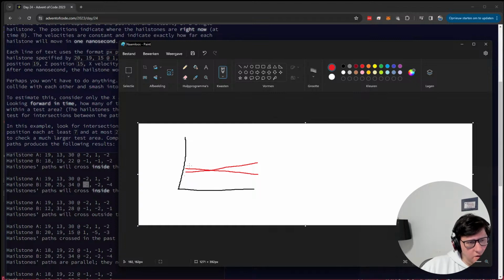Because their x will always be at the same point, but the y makes it cross, so that is fine. I have to think about this.